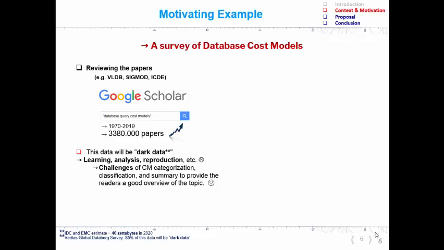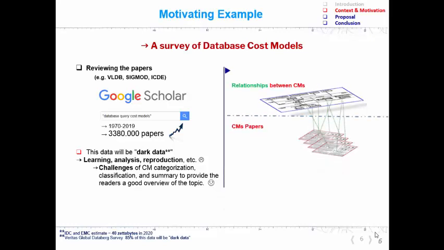The explosion of cost models is mainly due to the spectacular evolution of database technology, which covered database models from relational to graph, platforms, database systems, processing devices, etc.